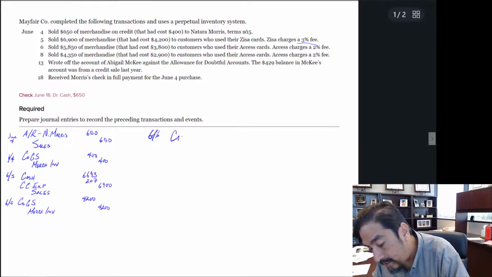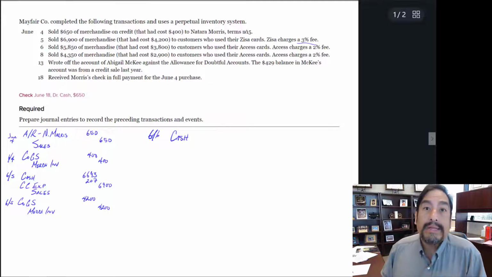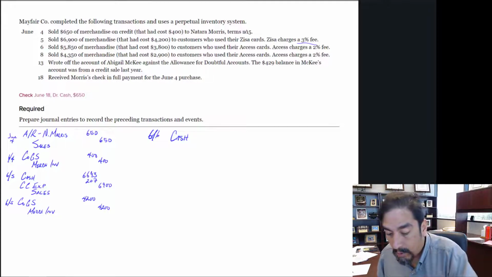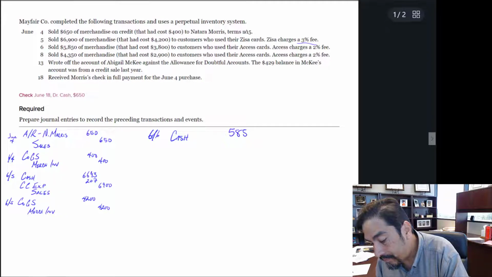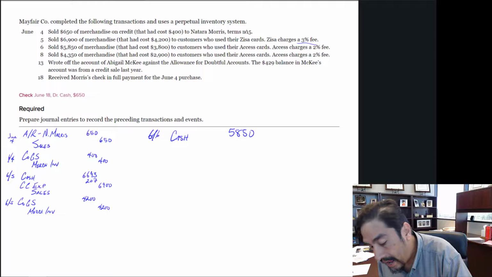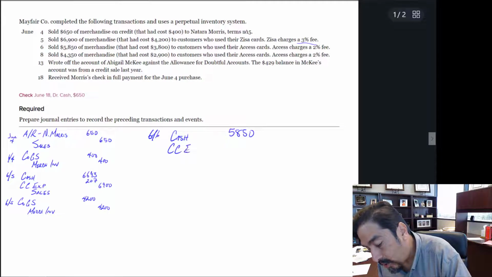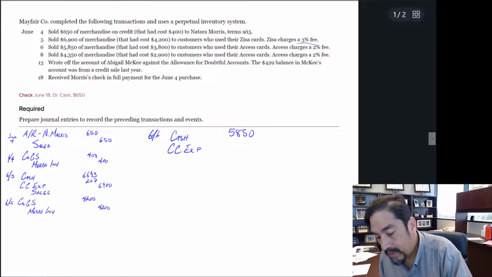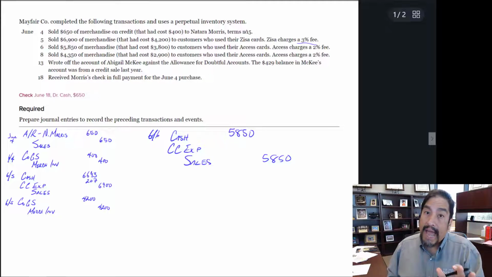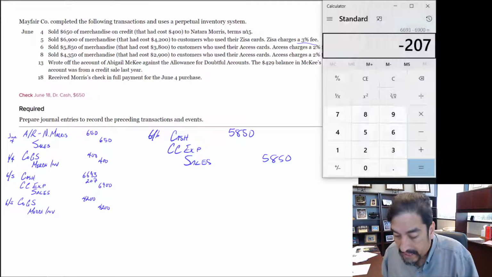We are going to debit cash. If it were a cash sale, we would debit cash for $5,850. But it's a credit card sale, so we're going to have a credit card expense before we put that sale in there. The sale is going to be $5,850. We're not going to collect the full $5,850.